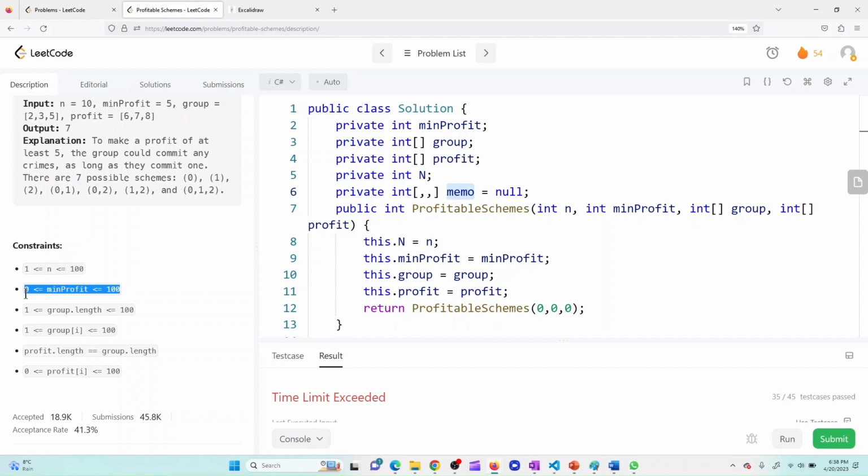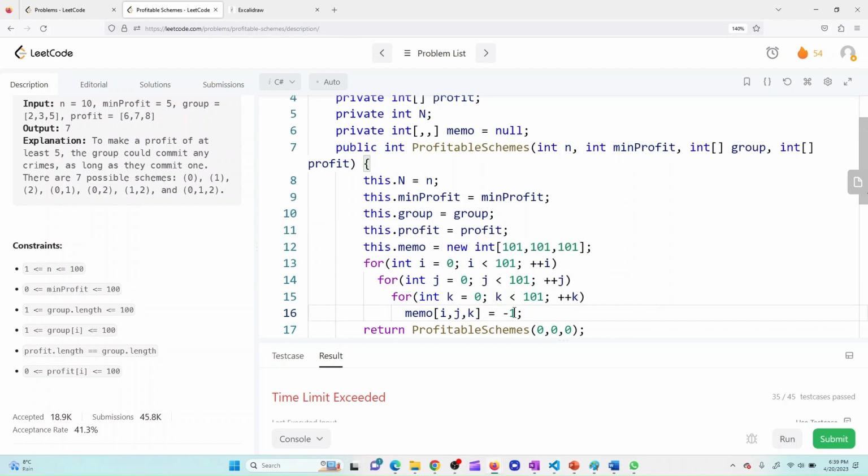One thing, where I took the hint, is we will try to keep the profit to a maximum of 101. We'll see how we do that. So we created a memo and initialized it with -1 so that we know whether we have calculated it or not. So three loops for the three-dimension array, 101, and initialize everything with -1.